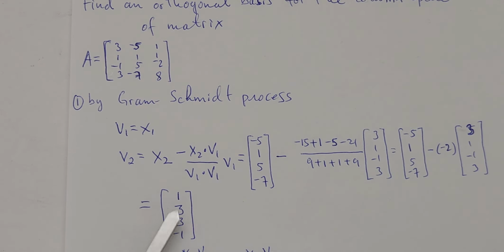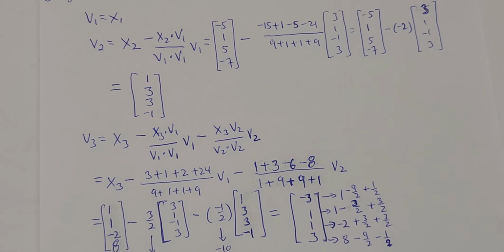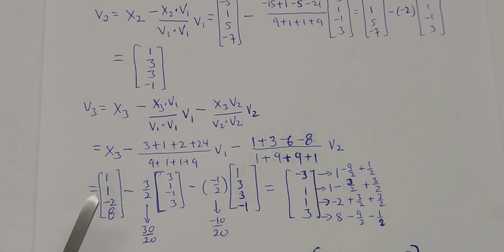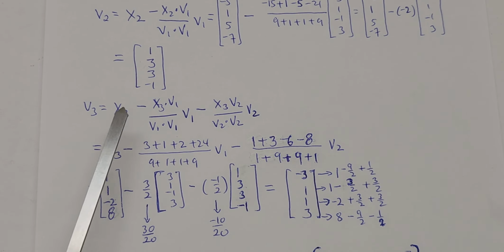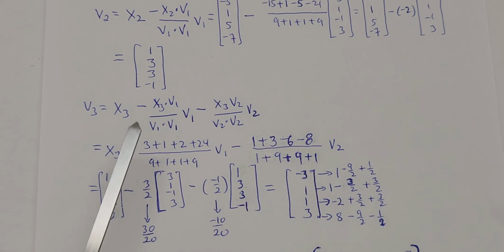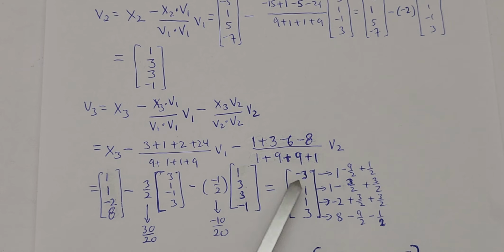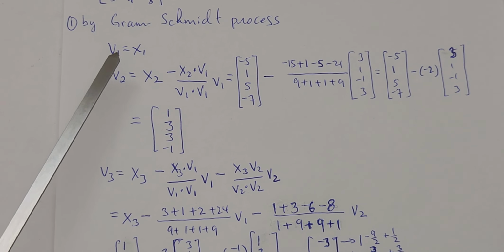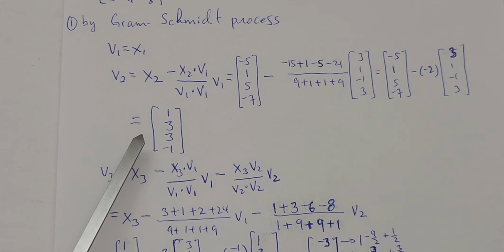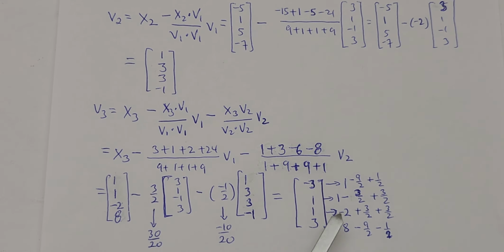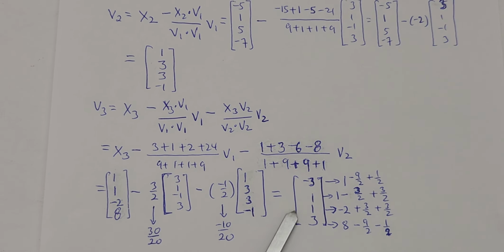V2, here's the calculation to get V2. V3, same process, just a little bit more procedure. So follow the pattern, and that will give me our V3. So here's our V3 right here. Okay, so this is our V1, this is our V2, and this right here is our V3.